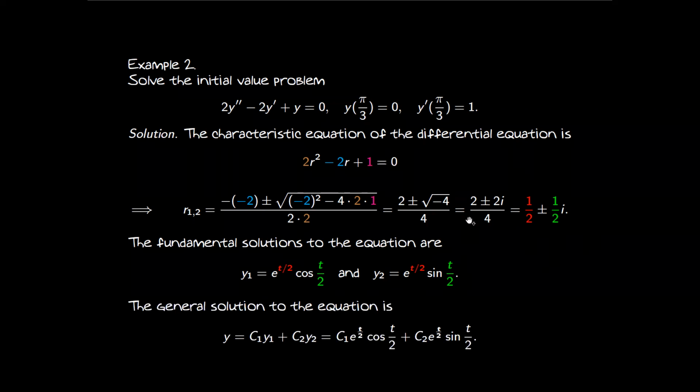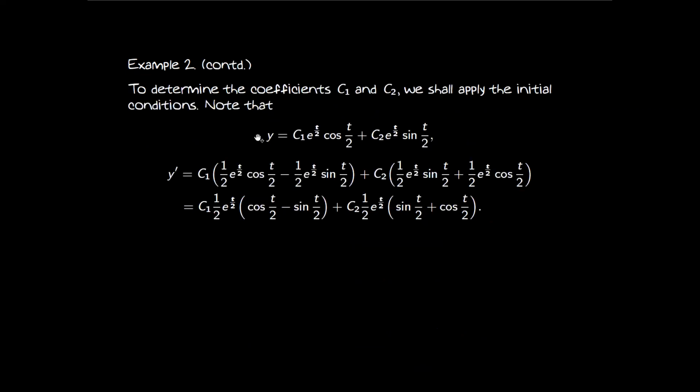Now we need to apply the initial conditions to find c1 and c2. So once again, we need to find the derivative of the general solution so that we can apply the second initial condition. We copy the general solution and start to take the derivative.